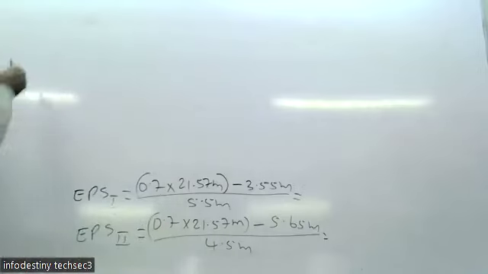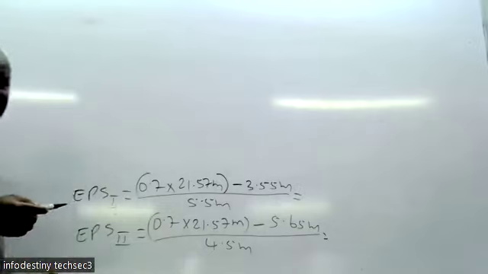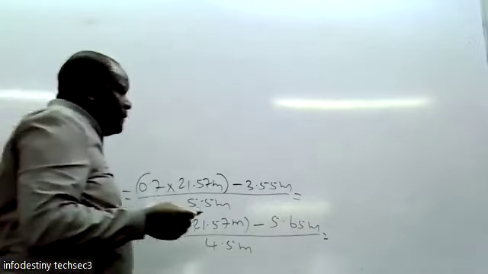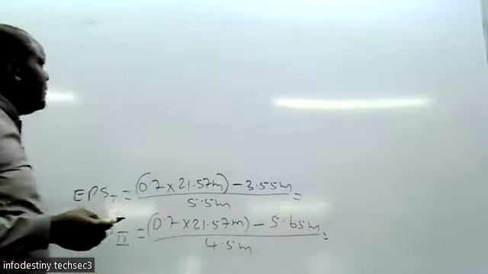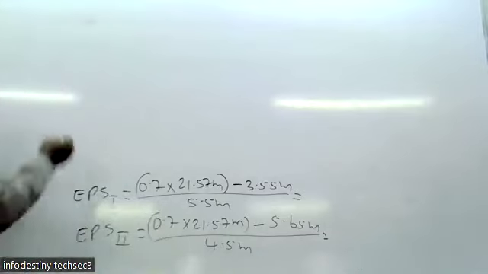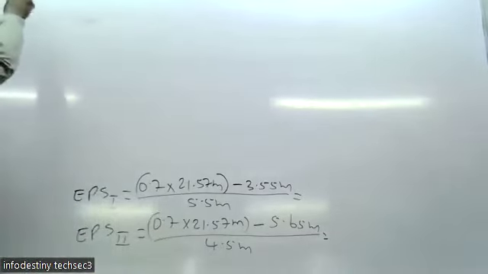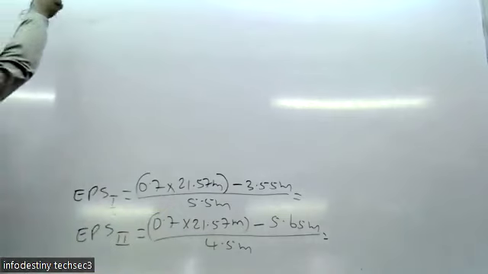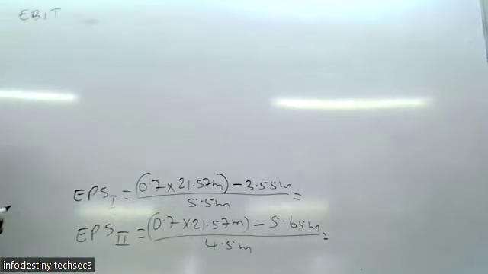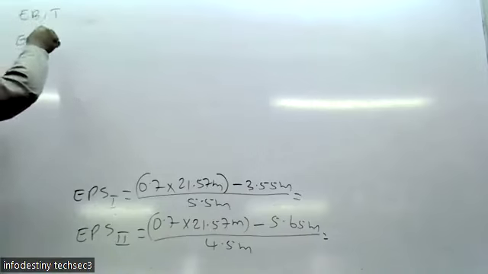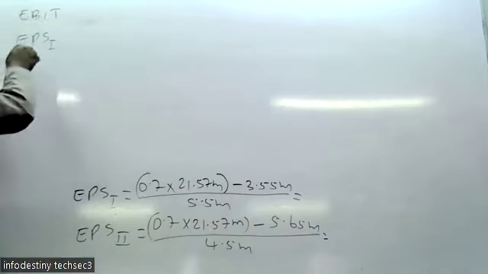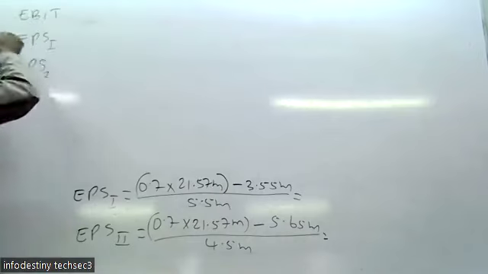So we should be able to have this type of information. So we should be having earnings before interest and the tax, also earning per share for option 1, earning per share for option 2.